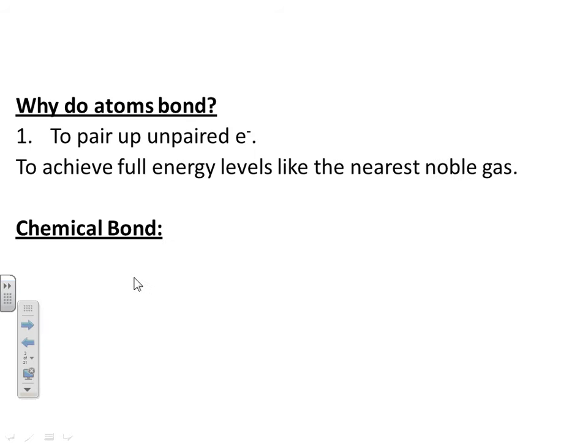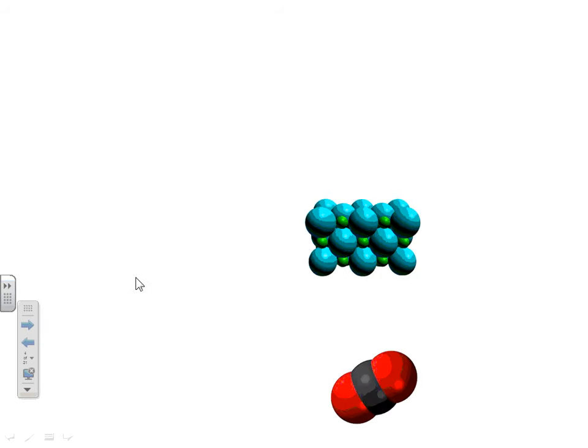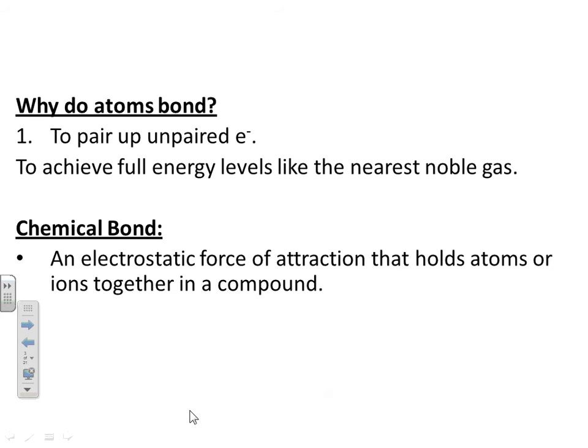Okay, so let's write a little bit down here. Whoops, let me back up, right there. So why do atoms bond together to form chemical compounds? And it really comes down to one common thing.